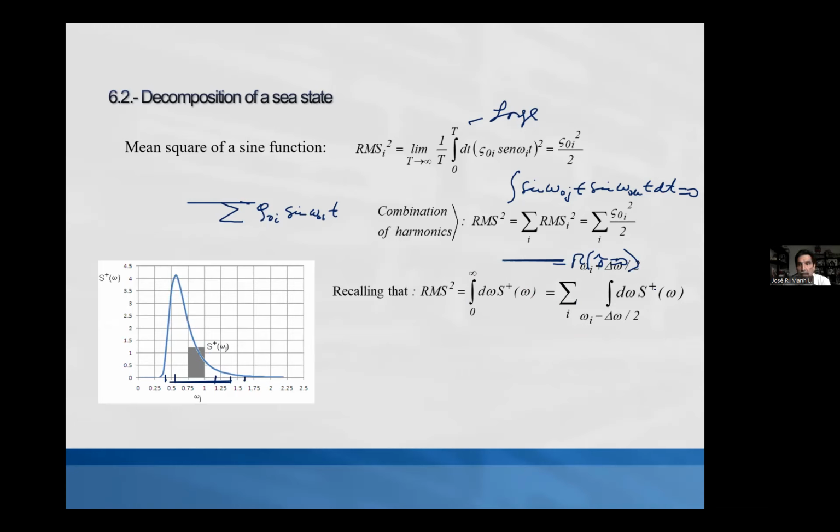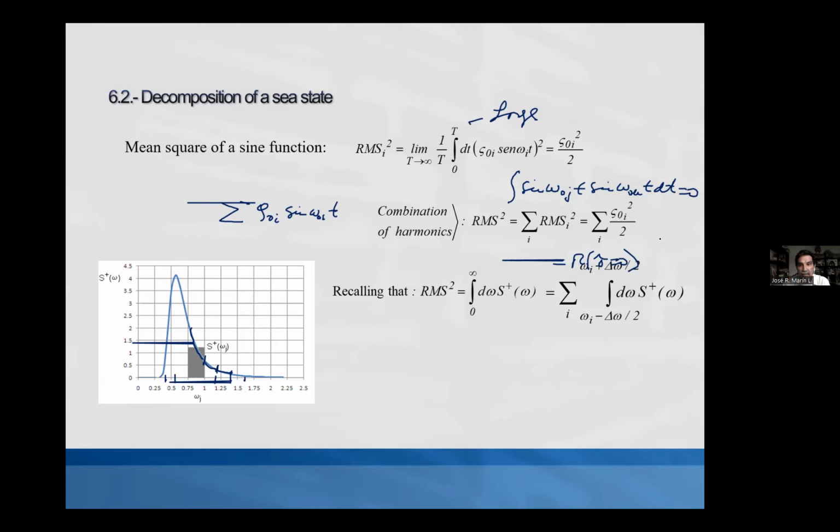Okay, and in each piece, we integrate, for example, from here to here, here to here, etc. And this is what we're saying here. Instead of integrating from 0 to 1 million, we go from 0 to 100, from 100 to 200, and so on.